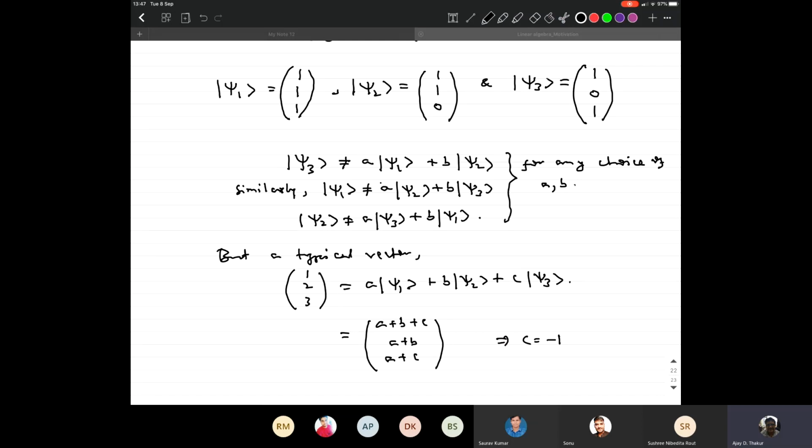And if C is minus 1, then the third equation tells us A has to be 4. And if A is 4 and C is minus 1, so 4 minus 1 is 3, so B equals minus 2. We can check A plus B is 4 minus 2, which is 2. So a choice of A, B, C as 4, minus 2 and minus 1 helps us write this typical vector 1, 2, 3 in this form.